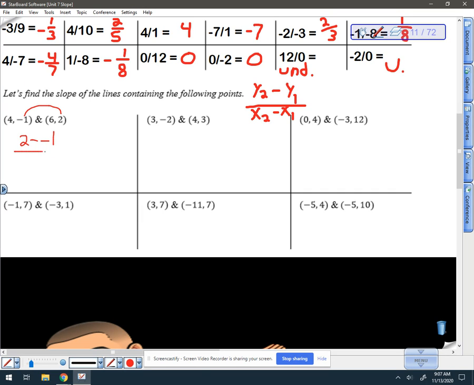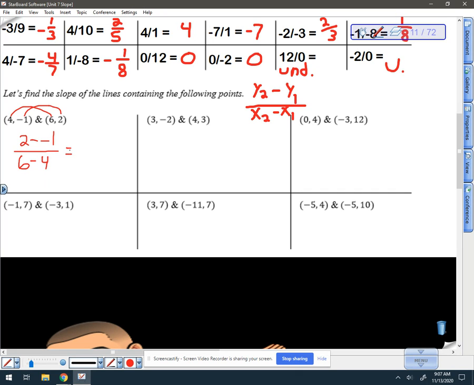Be very careful because a lot of people would look at this and they would just go 2 minus 1, and they would just write 2 minus 1, and then they would miss it. So you got to make sure that you take your y, put that down, 2, put your minus, and then whatever this is, put it right there. All right, then we take our second x minus our first x, which is 6 minus 4.